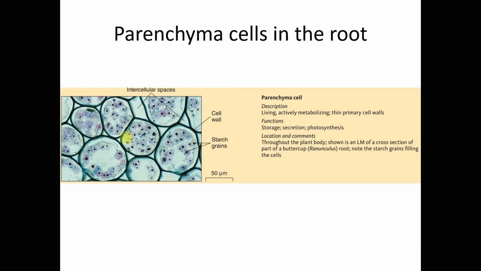So these roots, they are greenish in color. So for that particular roots, it has parenchyma cells that can run photosynthesis. Otherwise, roots that are buried under the ground, they don't have chloroplast, so they can't undergo photosynthesis, and their function is primarily for storage and secretion.